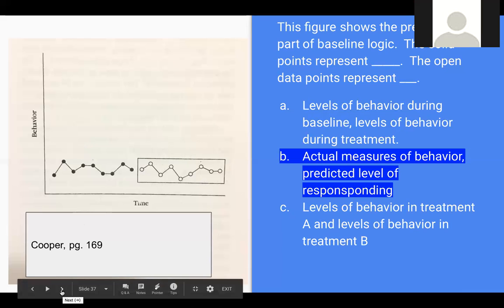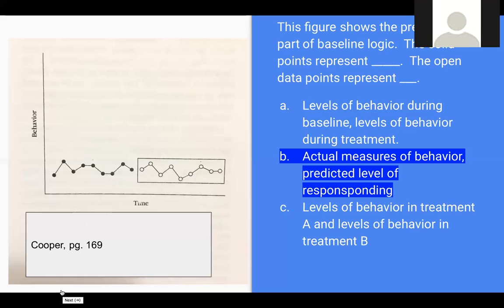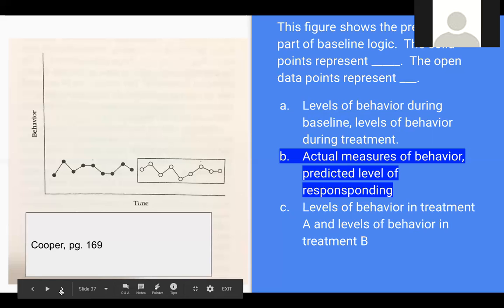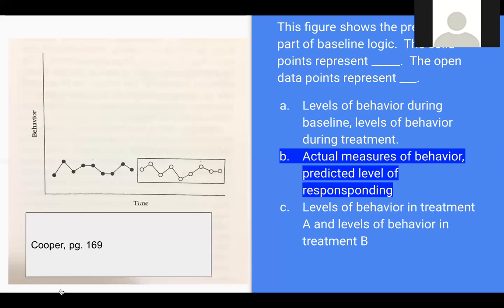And if you're looking at both data points, just know that the darker one is the actual data that was taken. The open circles are just predicted: if you did not start your treatment, the behavior would have continued.